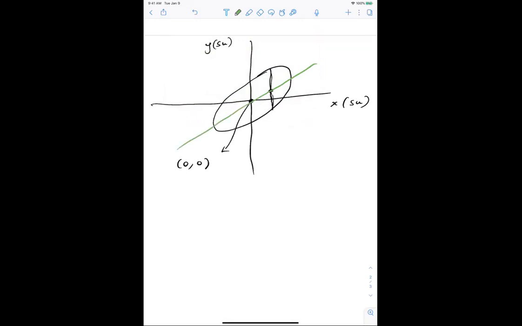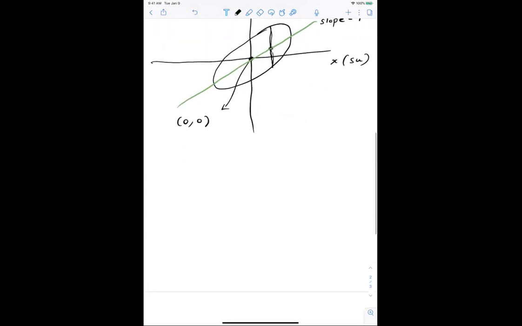And what we're going to do is look at the slope of this line. What did we say it was? Is it 1? It's R, slope equals R. So I'm going to draw you a triangle.